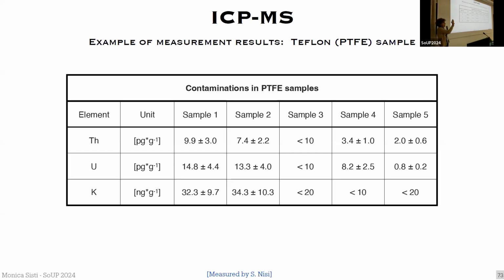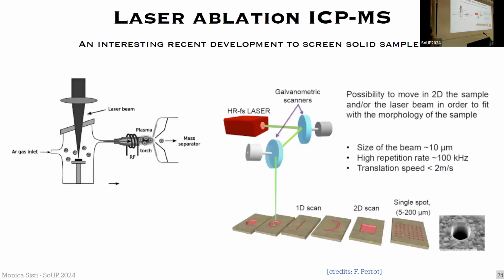Argon-38 plus hydrogen makes 39. Potassium-39 is the main isotope, and so the sensitivity of ICP-MS for potassium is usually not as high as for thorium and uranium.